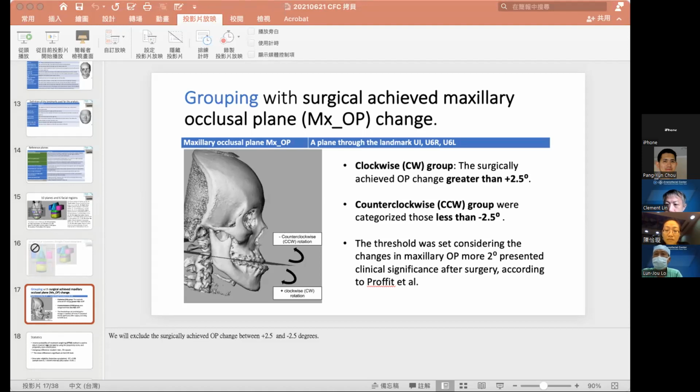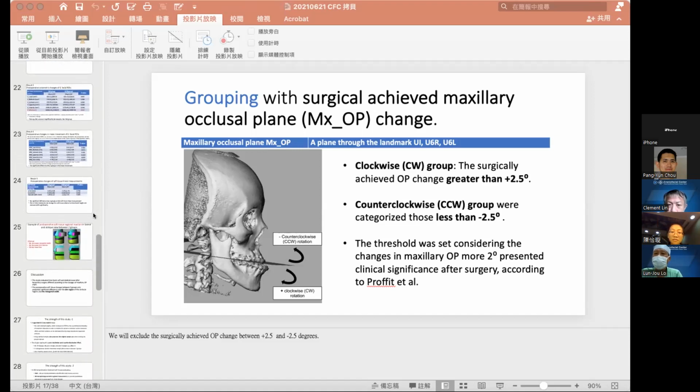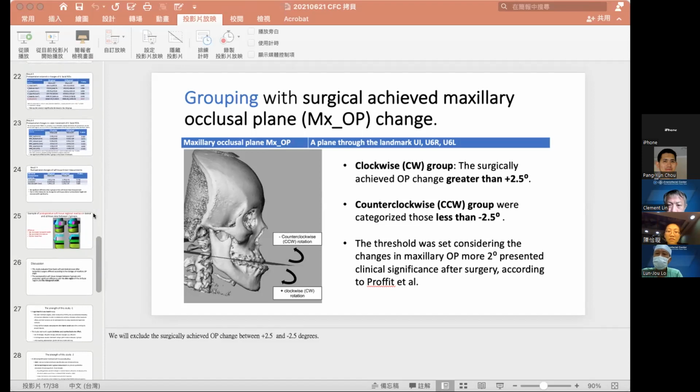So when I design this, I always add an advancement or lengthening genioplasty in order to reduce the soft tissue accumulation under the chin. So this kind of information is also important when we design the skeletal positional change. So thank you, Carol. I think this is an important study.